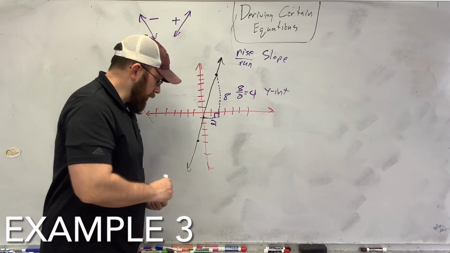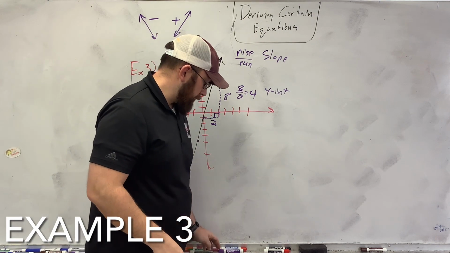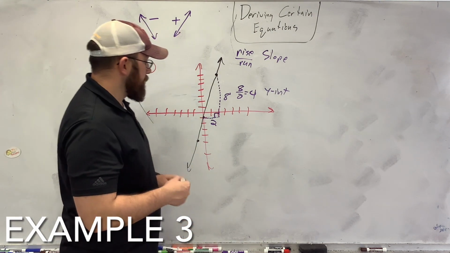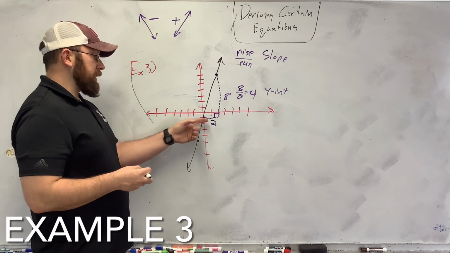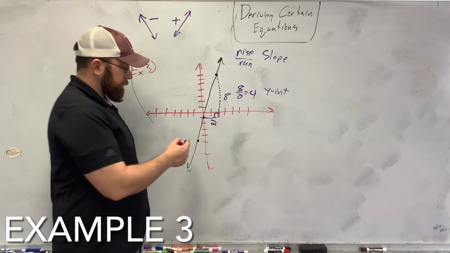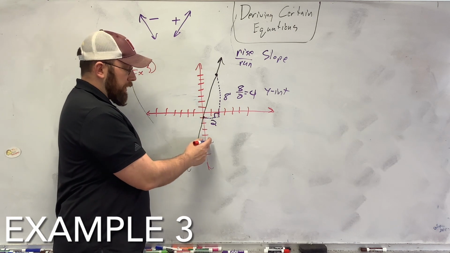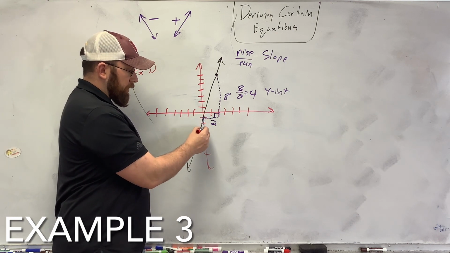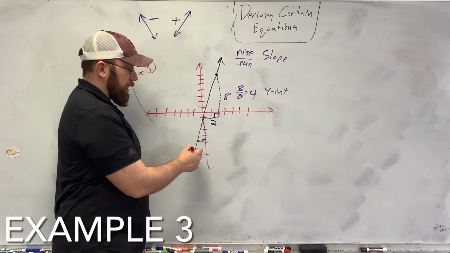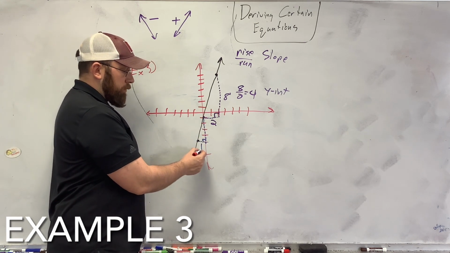What about if I did the other 2 points? I run over 1, now I'm even with that point, and then I just go down to meet it, creating another right triangle. How many is this? 1.